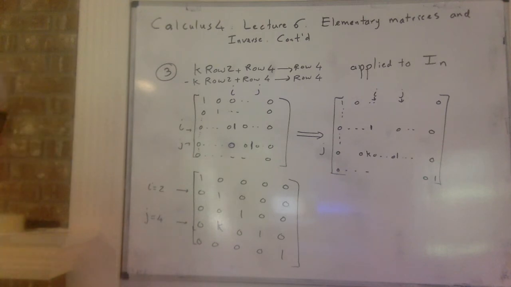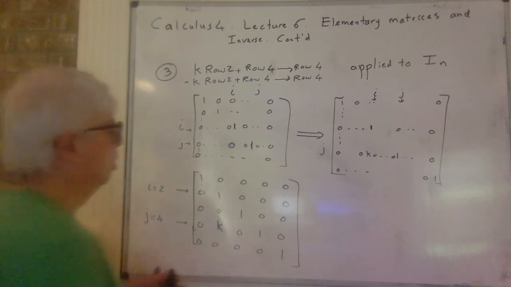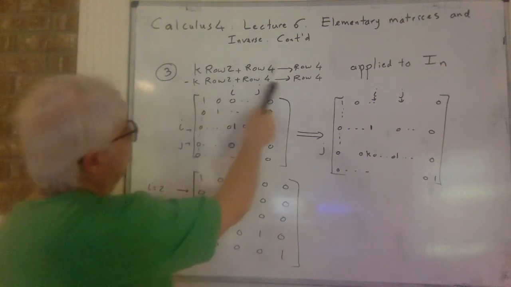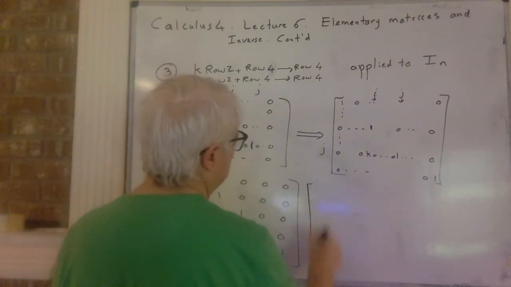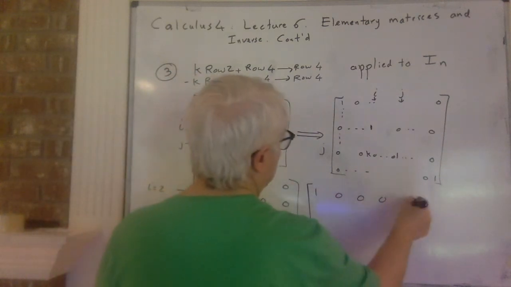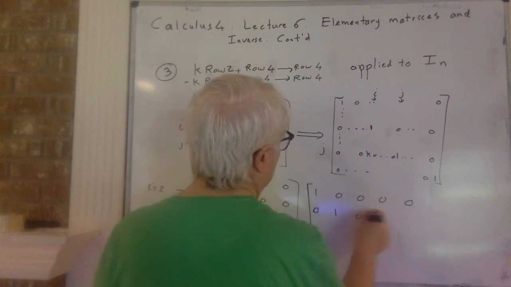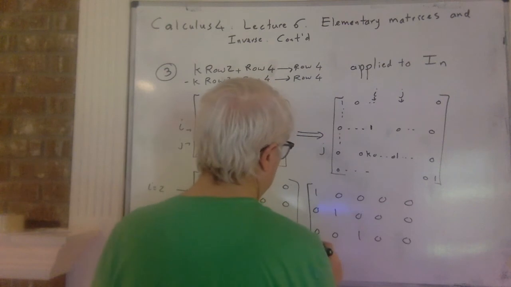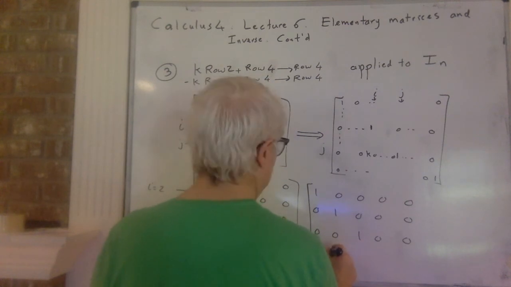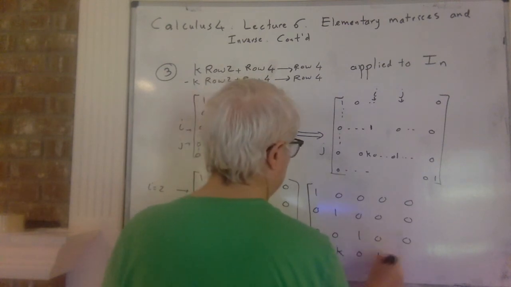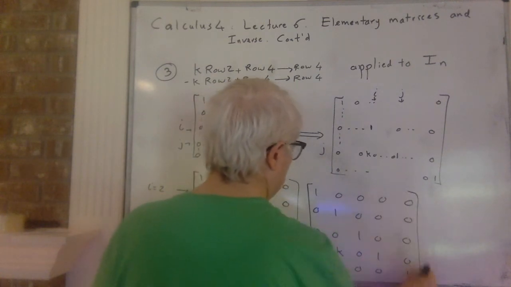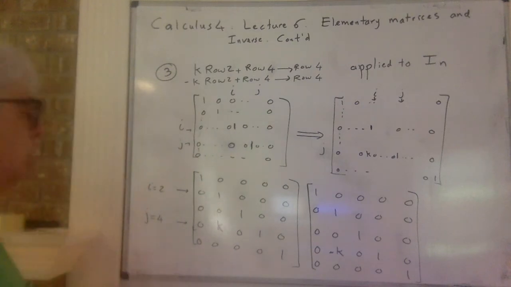Now let's look at something else. What if I multiply this by a matrix, after applying this row operation to In? I'm trying to make a point here.